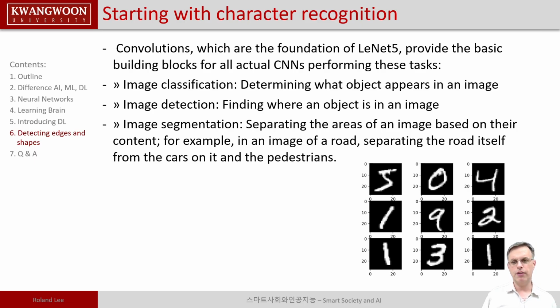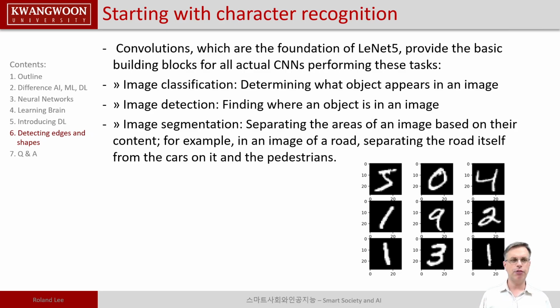So convolutions easily solve the problem of translation invariance because they offer a different image processing approach inside the neural network. Convolutions, which are the foundation of LeNet-5, provide the basic building blocks for all actual CNNs, performing the following tasks.